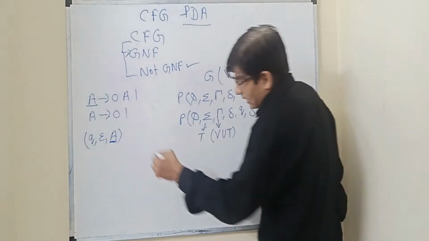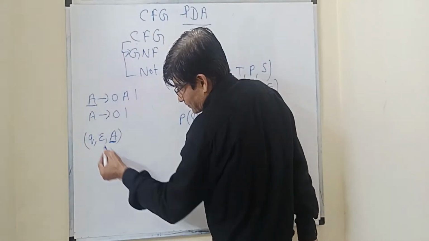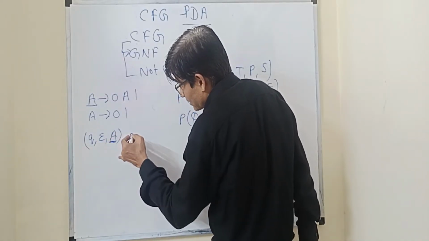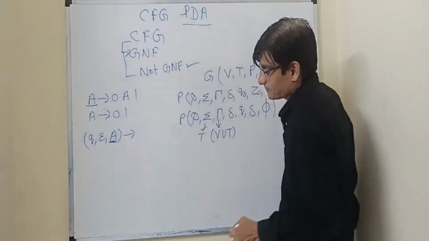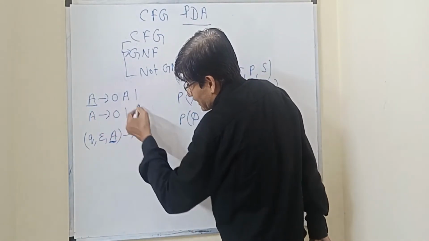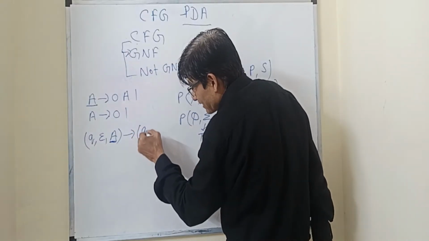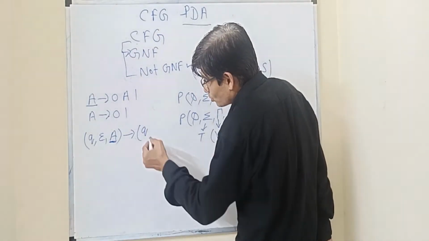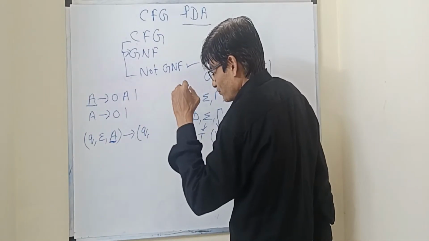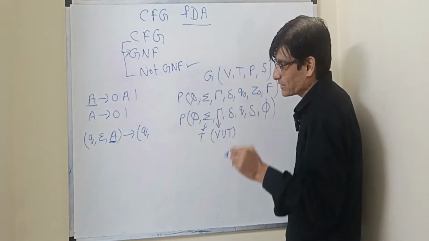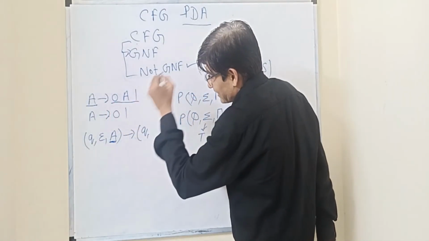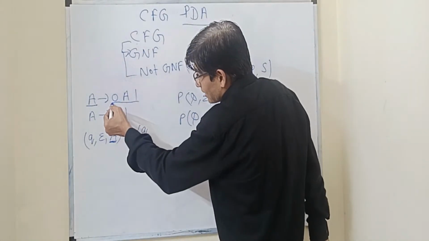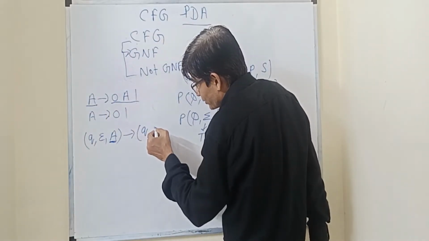Now, we have seen the current state, the input that we are reading, and the current stack top. This combination will give us the next state, which would be again Q, as there is only one state. The symbols we push into the stack would be the right hand side of the production. You can see this complete string we will push into the stack.